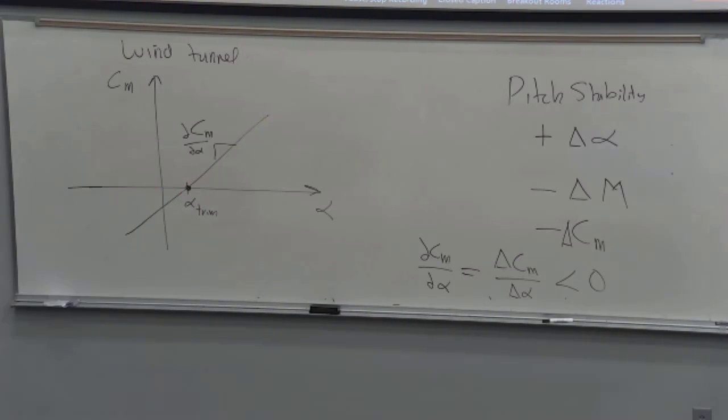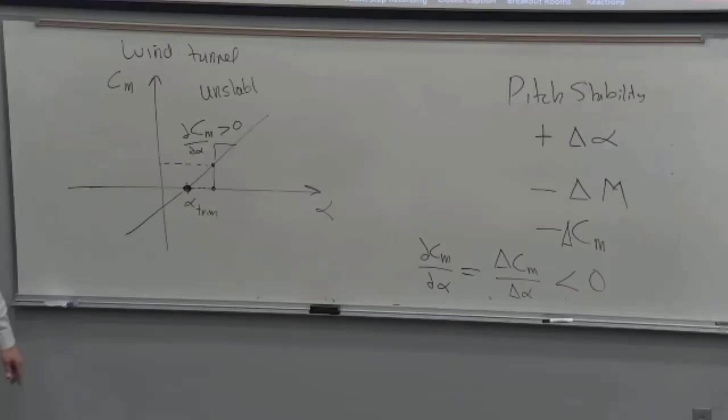Here's your trim. Why is that trim? Pitch trim or trim? What's the slope? Is that a positive slope or a negative slope? It's an easy question, right? It's positive.